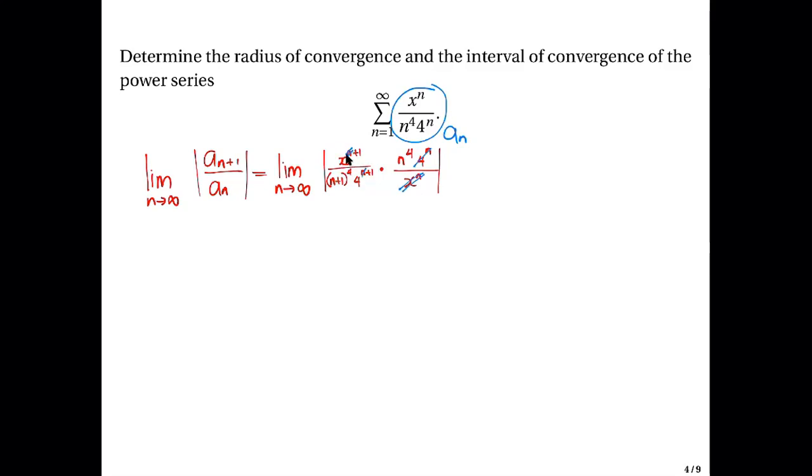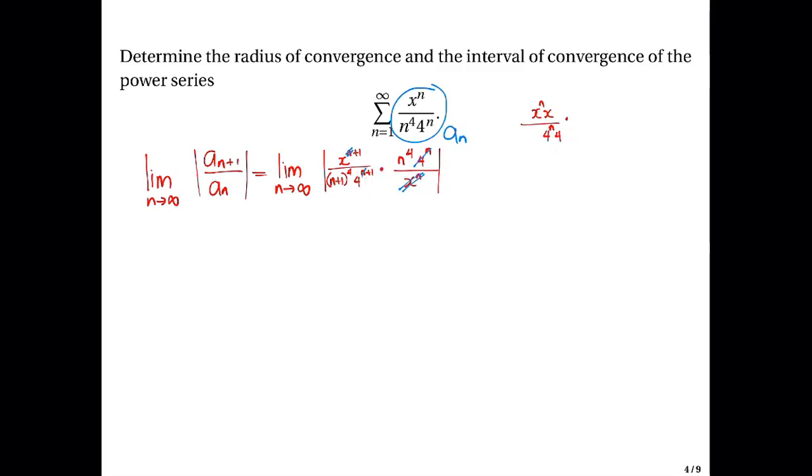I'm using shortcuts here, but more formally, what I actually did was to write x to the n times x, and for the denominator, 4 to the n times 4, so you can do the cancellation. If you do this, it's totally fine with me. But it's not always like this. You will realize that you will need to expand or decompose your terms.